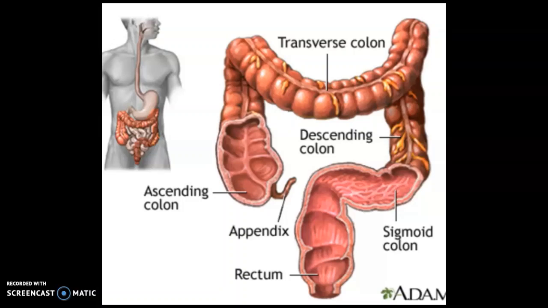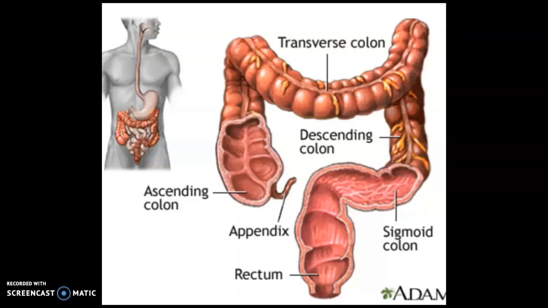Other purposes of the large intestine are to get rid of any waste product left over. By the time food mixed with digestive juices reaches your large intestine, most digestion and absorption has already taken place.